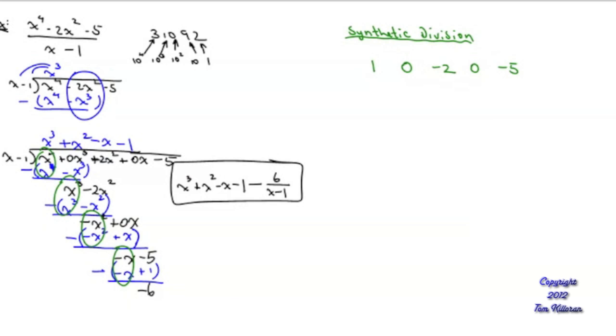If you look at this, the negative 5 is your 1s, the 0 is x, the negative 2 is in the x squared position, 0 is in the x cubed position, and 1 is in the x to the fourth, just like a regular old number, except now we're talking about x's being the base, which is kind of cool. We're going to divide.